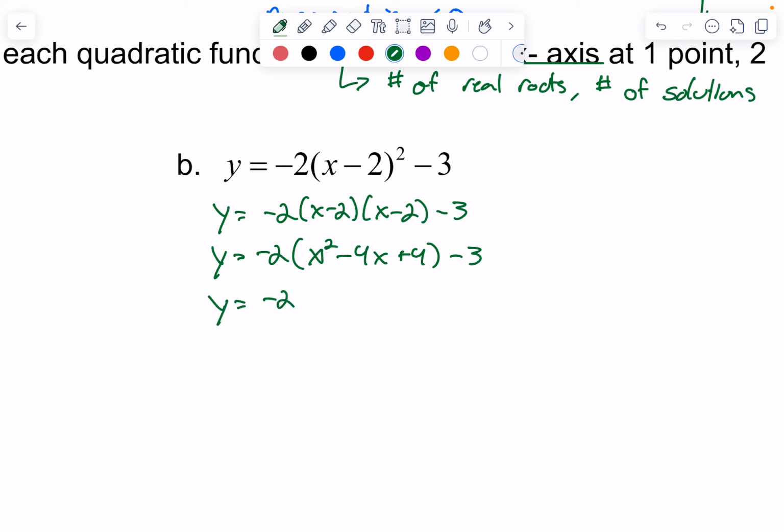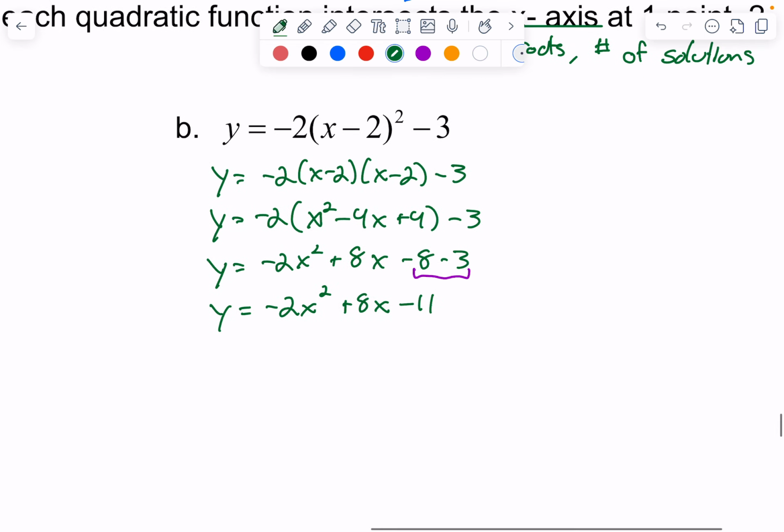Y is minus 2 x squared plus 8x minus 8 minus 3. And then in standard form, just collect your last terms, minus 11. All right, so there's the standard form.